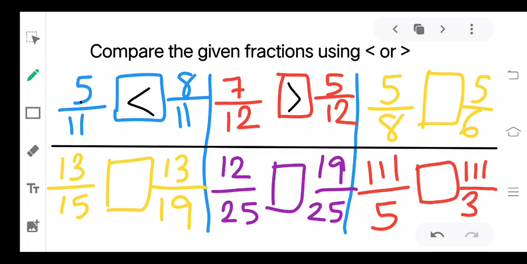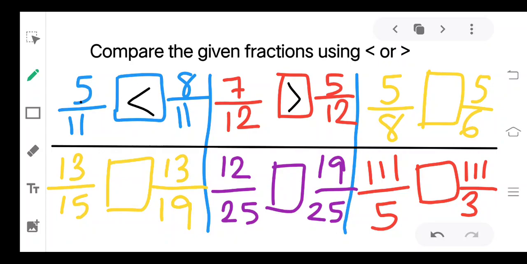Students, now example number 3. Here you can see easily that the denominators of these fractions are different, but the numerator is the same. So as per the definition which we already learned, the smaller denominator is greater.